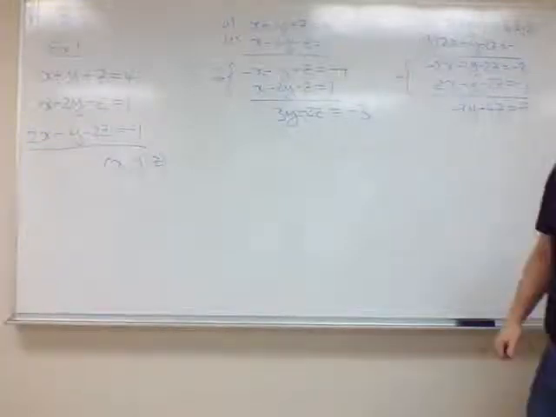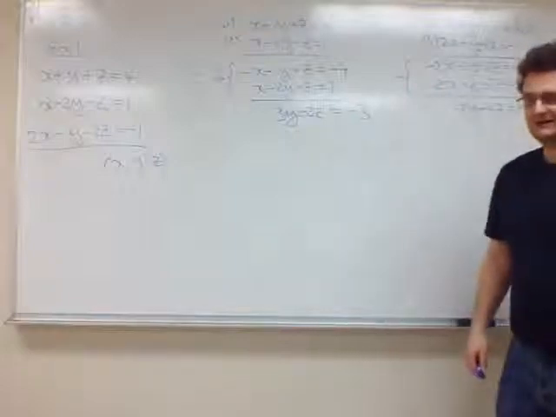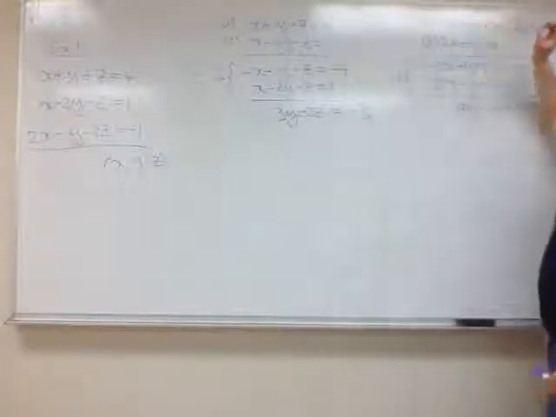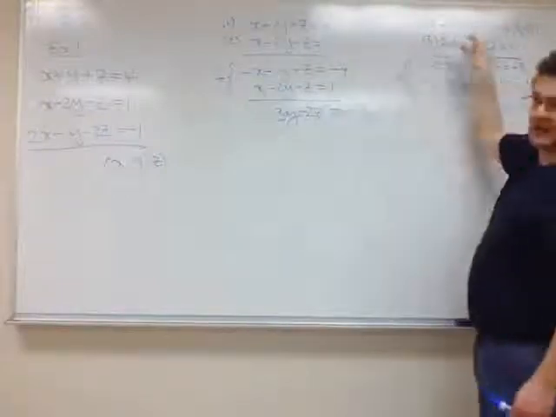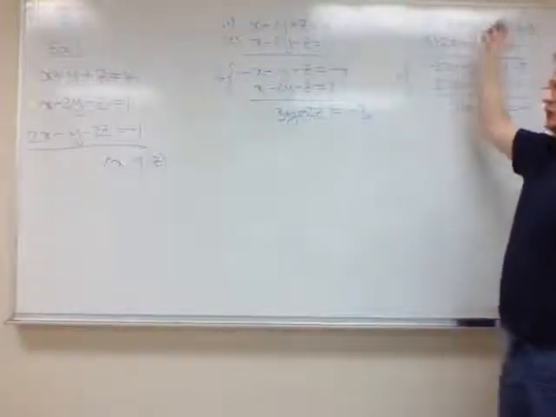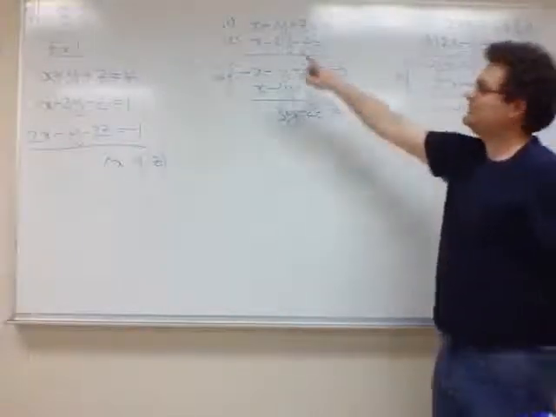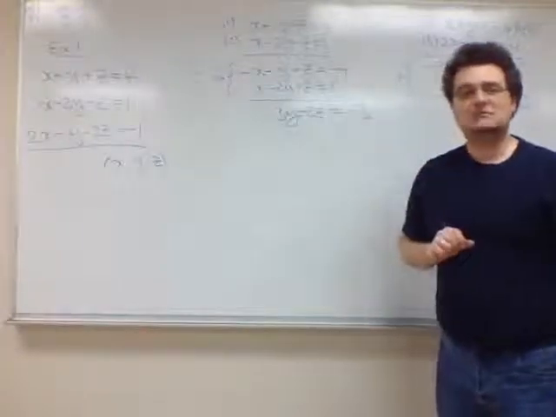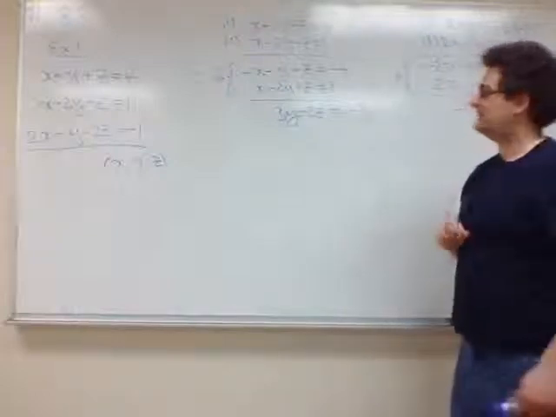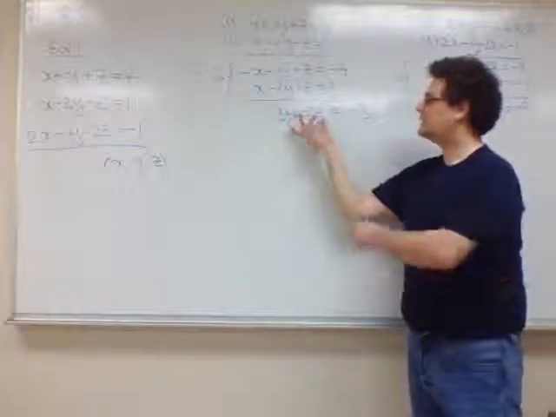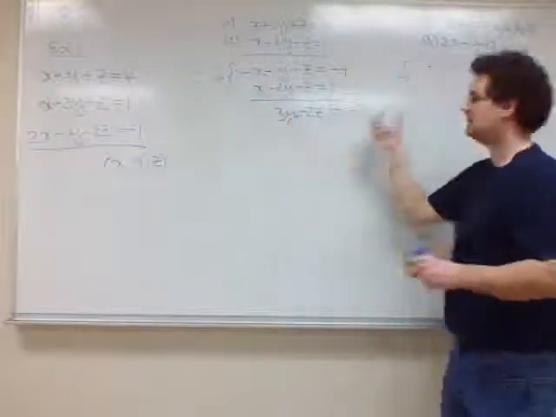Now note the key point here is that in both pairs of equations from this system, we eliminated the same unknown variable. So by eliminating x here, we got an equation in which only y and z appear.